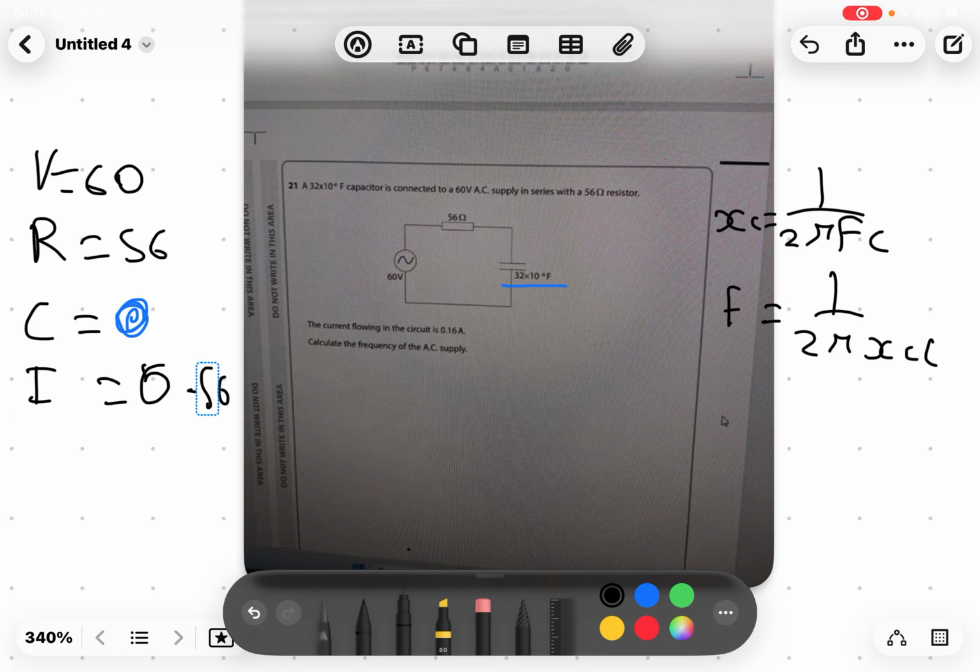We're not given XC, so we have to use the formula again. The formula we're going to use is this one, squared, and we're going to rearrange it to make XC the subject.